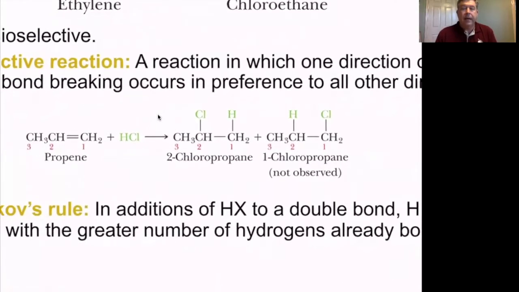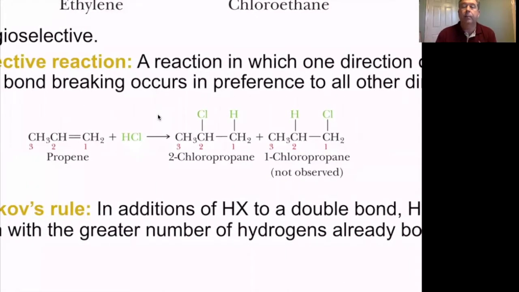If we just added this simple little alkene here, propene, so we can tell the difference between carbon 1 and carbon 2 and carbon 3, and we added HCl across there, statistically, if you just added them evenly across there, you would get half of the time, hydrogen would add to carbon 1, and the chlorine would add to carbon 2, and the other half of the time, hydrogen would add to carbon number 2, and the chlorine would add to carbon number 1.